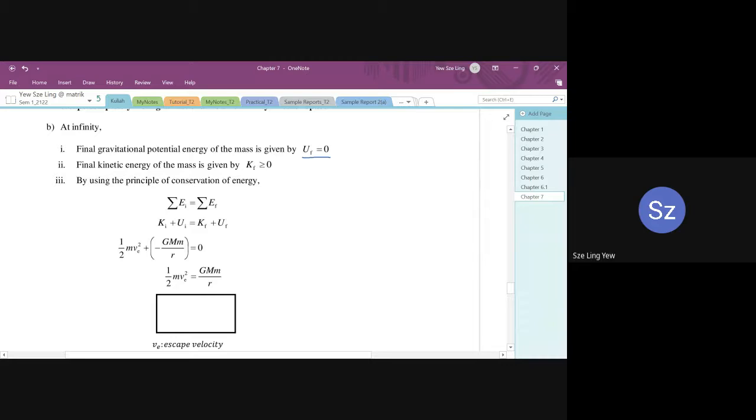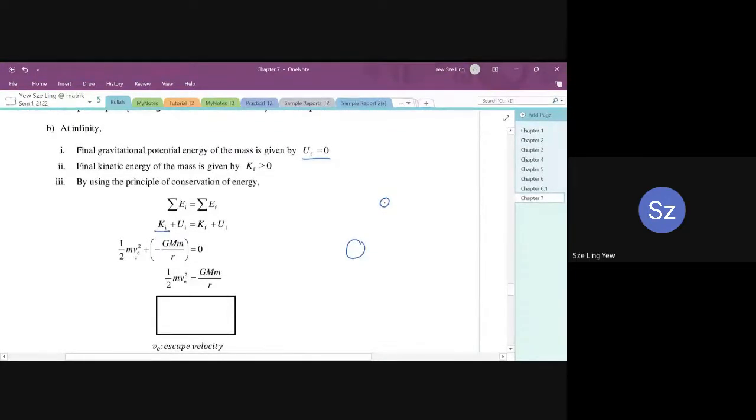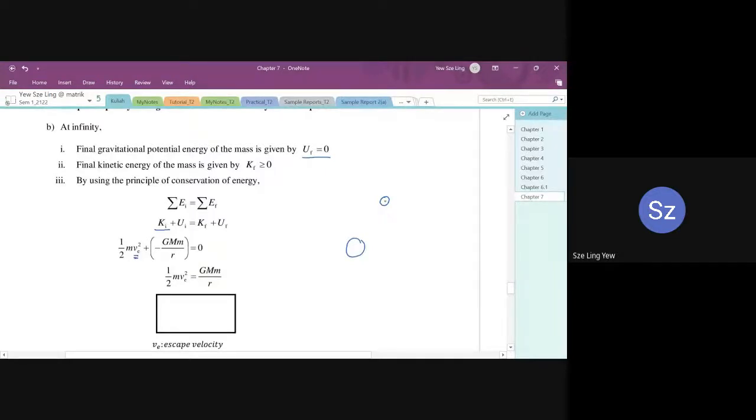Therefore, what we have is just what happens inside the planet, inside the gravitational field. So initial kinetic energy: now you have an object, and this object is trying to run away. It moves with a velocity. So it tries to escape.